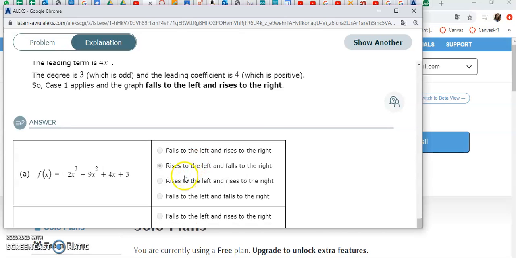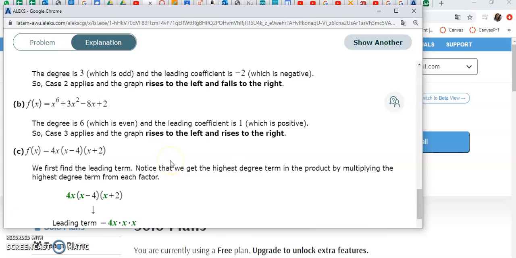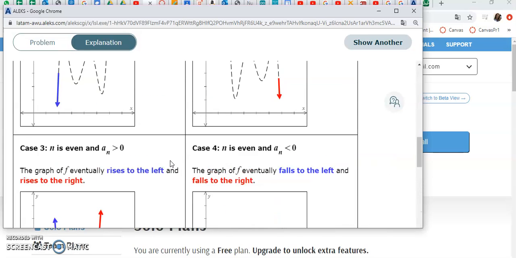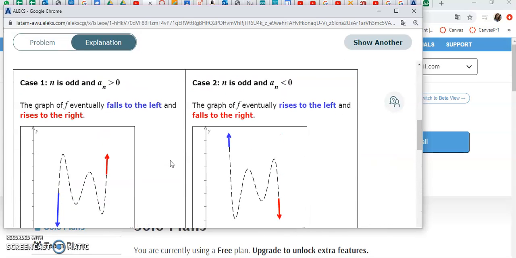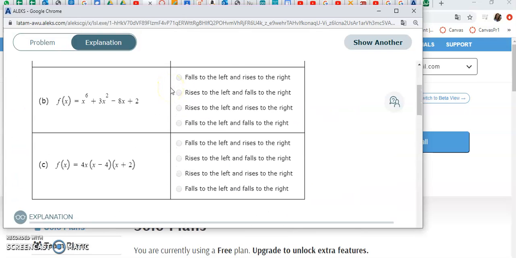Let's see the answer here. Exactly, look, rises to the left and falls to the right. And in the instruction, as this is an odd one, it is the case 2. When n, which is the degree, is an odd number, and when the leading coefficient is negative because it is less than 0, okay?